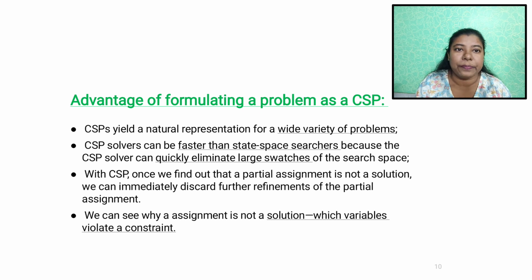We can see the assignment is not a solution if a variable violates a constraint. That means if my variable does not follow the rules or constraints, we are not going to find any solution. Immediately, we stop it. So these are the advantages.